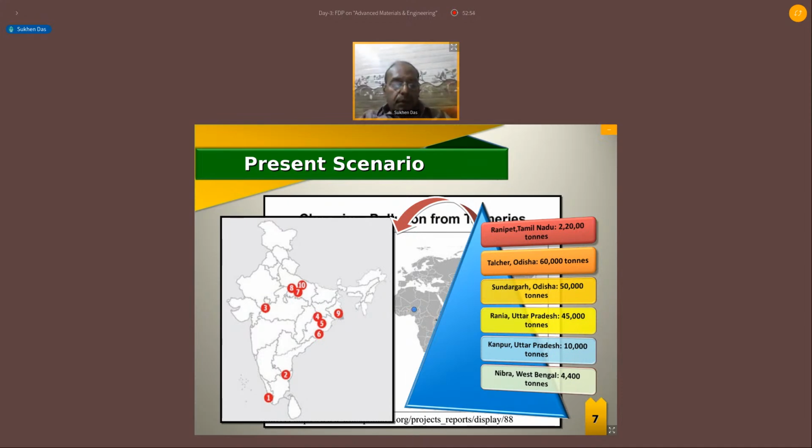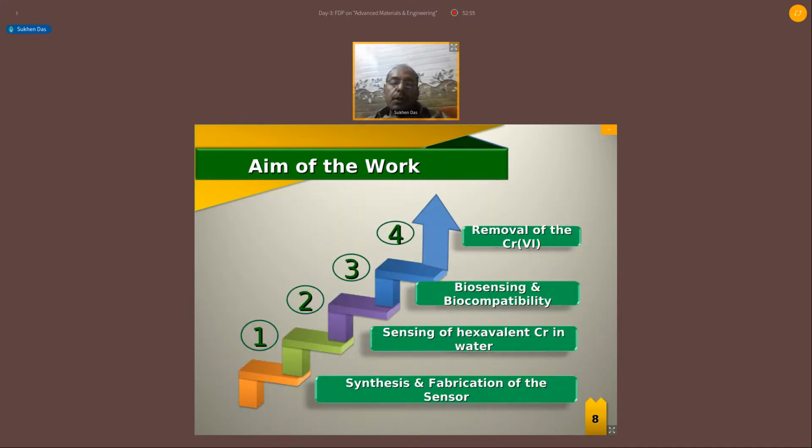We planned one thing: first of all, we have to synthesize and fabricate a sensor so that we can find out what materials are there in the waste material. We have collected samples from there and found out the material through chemical tests or atomic absorption tests, whatever it may be.